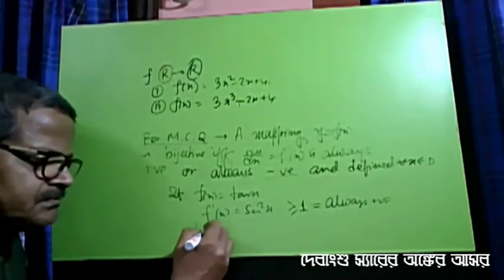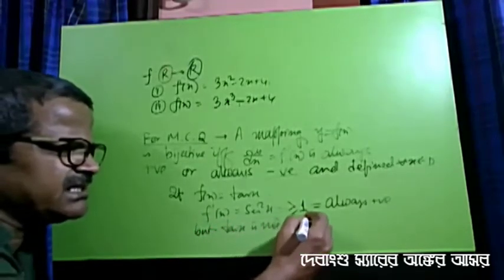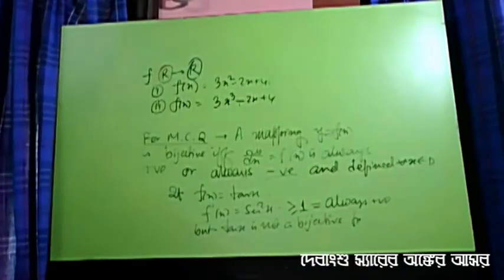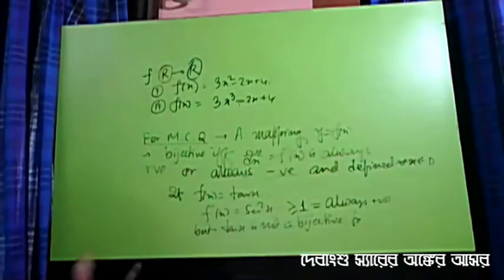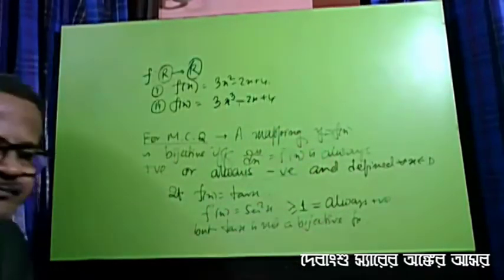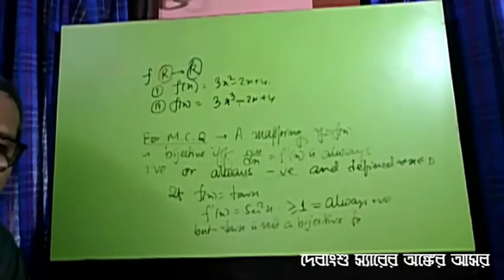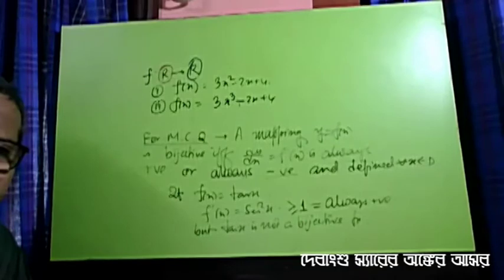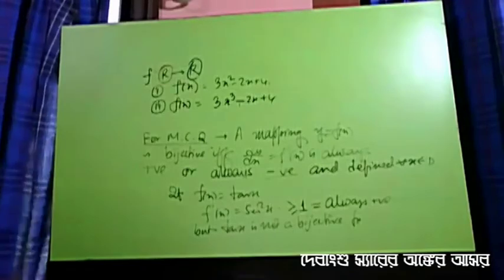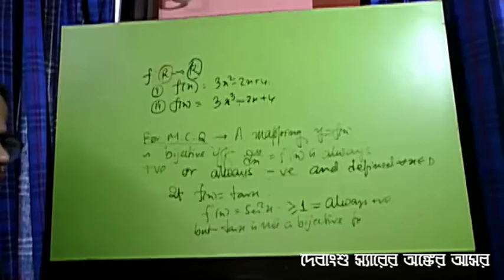But tan x is not a bijective function. So if I omit this condition, then tan x satisfies it, always positive. But it is not bijective because tan 45 degree and tan 225 degree are the same, so it is not injective, so it cannot be bijective.